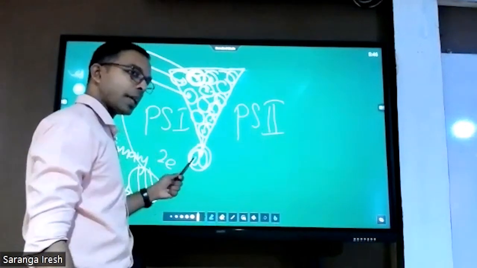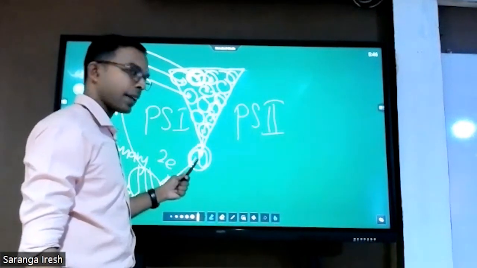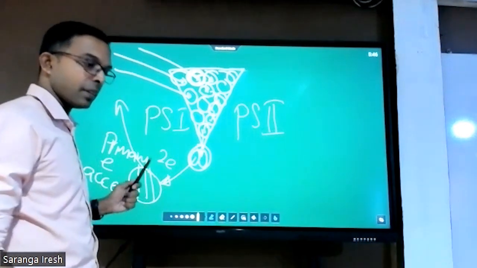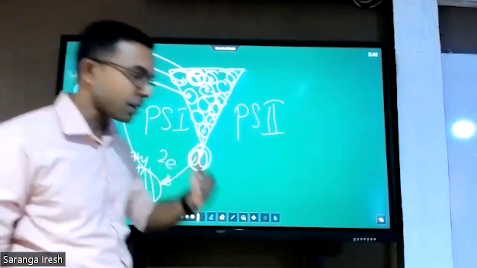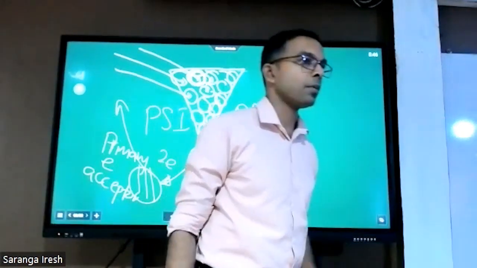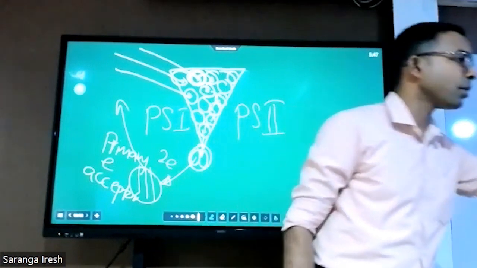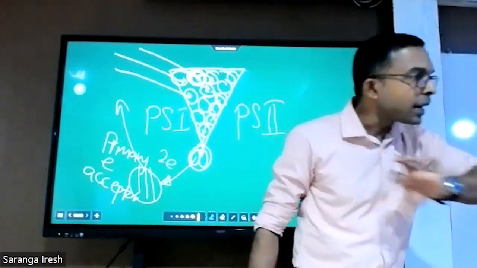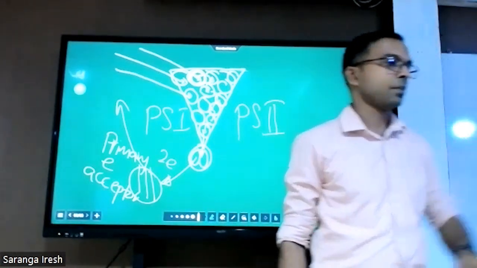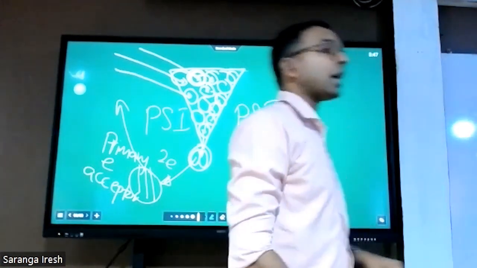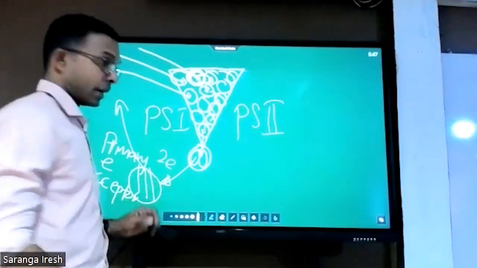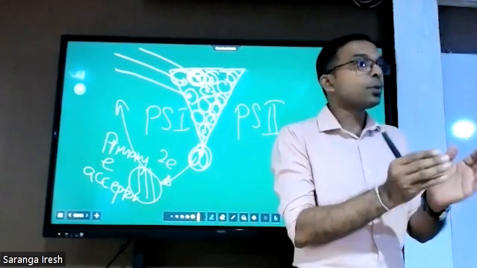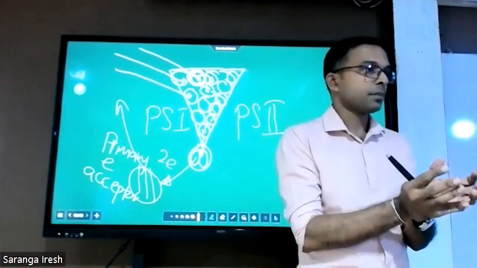After these two electrons are released from the reaction center and accepted by the primary electron acceptor, they are transferred to another molecule. Like that, the electrons are transferred along an electron transport chain. As I said earlier, these two electrons have high energy.